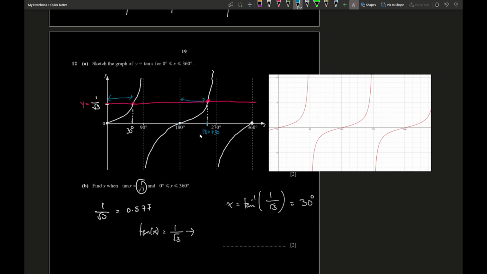Let me give you another example. Let me draw a sine graph. It looks something like this.